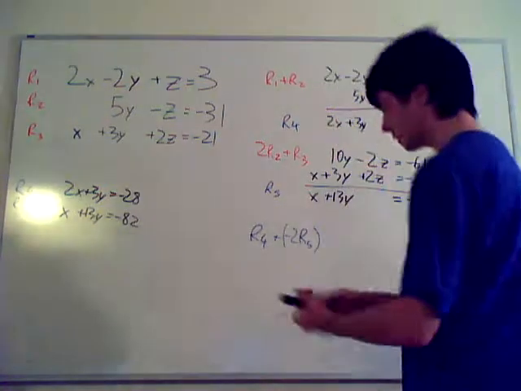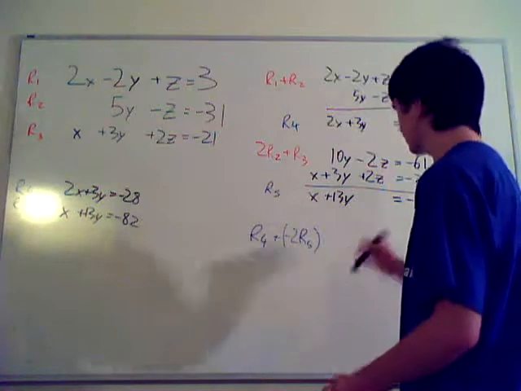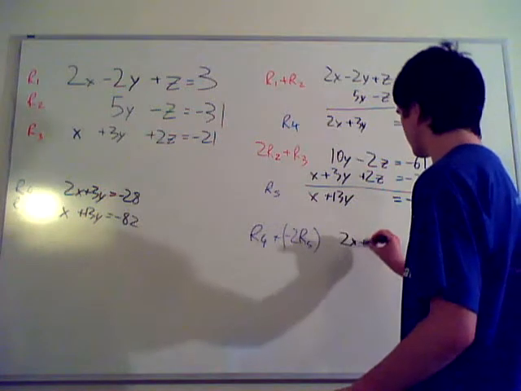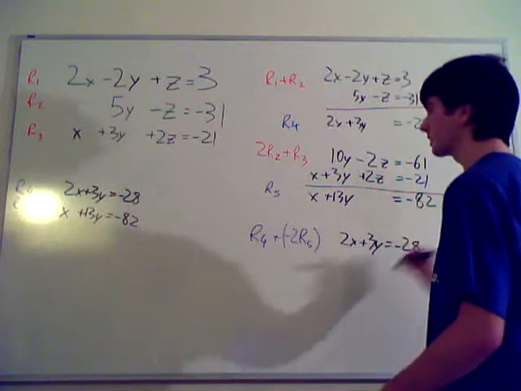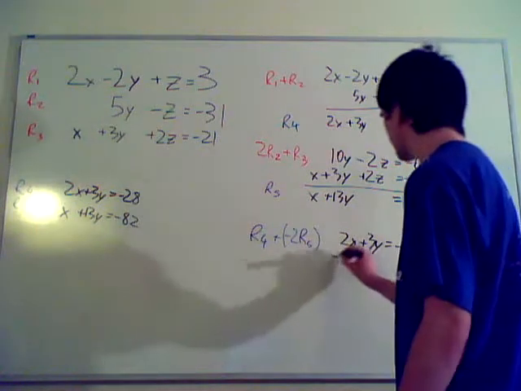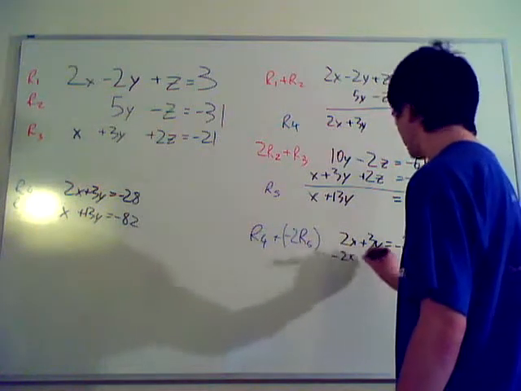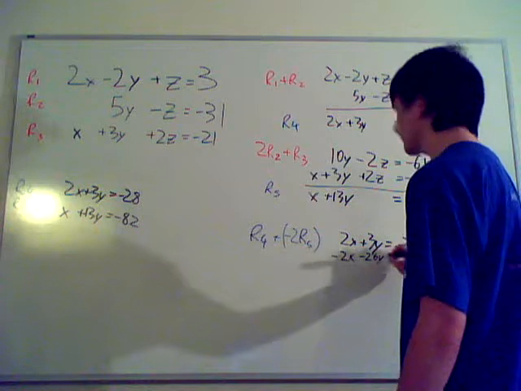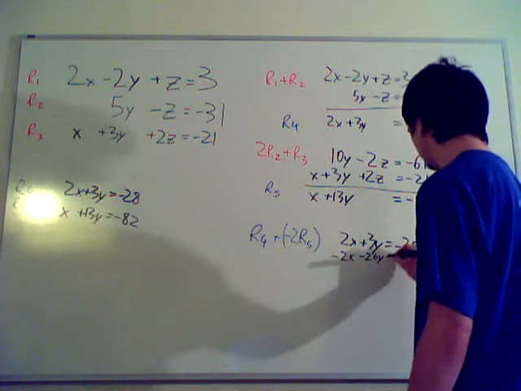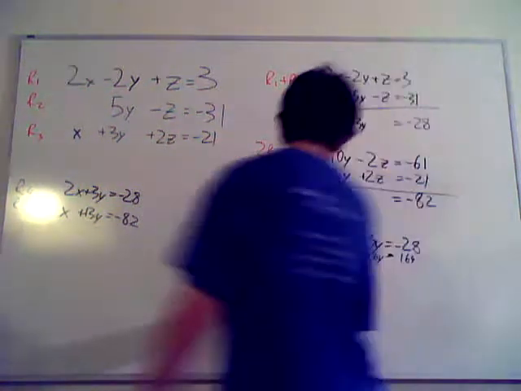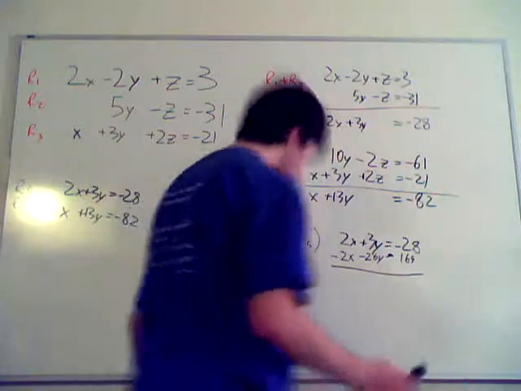Okay? So you would get 2x plus 3y equals negative 28. And you will get negative 2x minus 26y equals positive 164. Okay? So now again add them together.